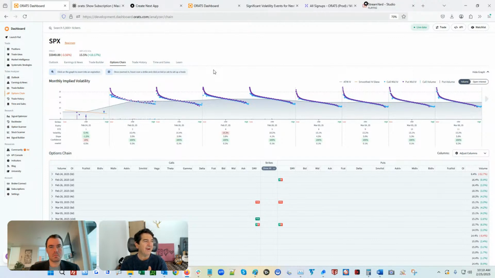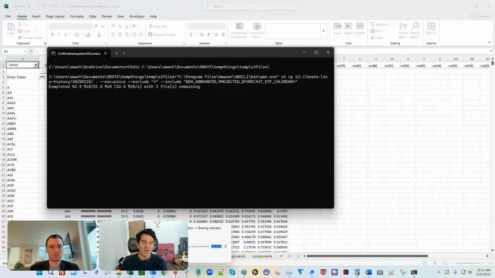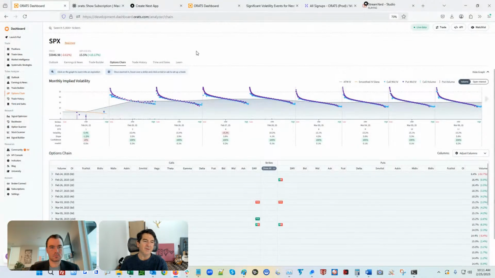So we use calendar days to expiration as our default. There are other people that use business days to expiration, but there's still going to be bumps in the business days. So what you want to do is figure out the actual days to expiration.